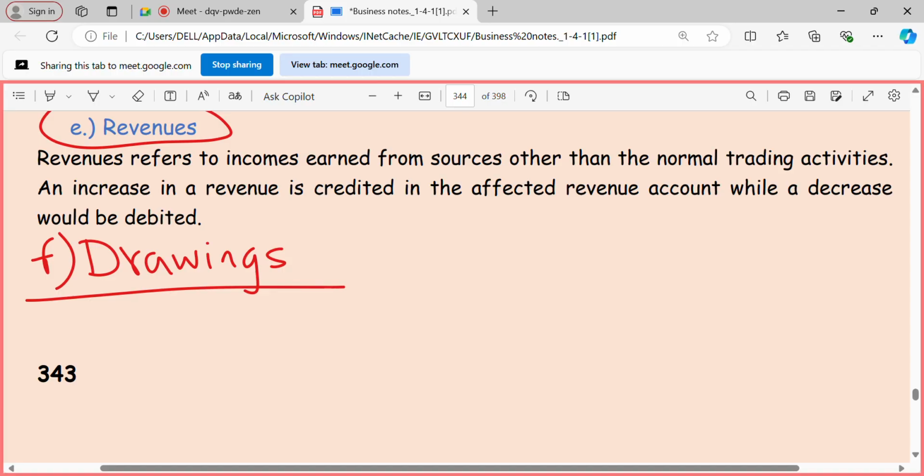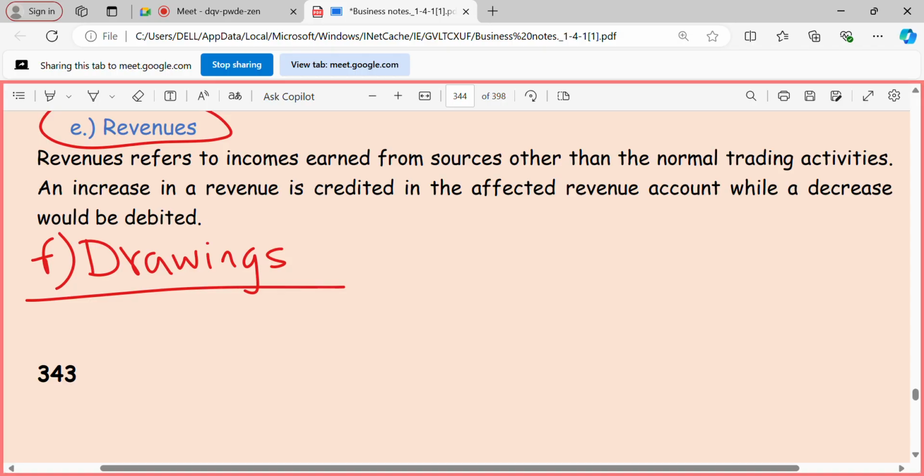This 10,000 is a drawing because you are using it to pay the hospital bills, and the hospital bills are not the same as the business activities that you would have used it for. So the money that you use outside business, maybe to pay school fees, maybe for any sort of family use, is considered to be a drawing.